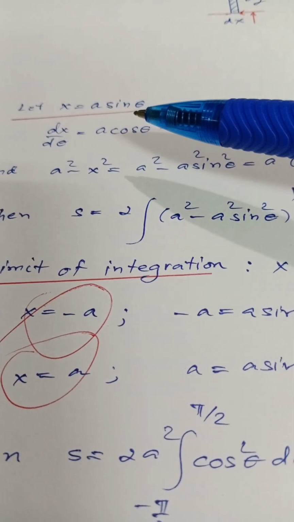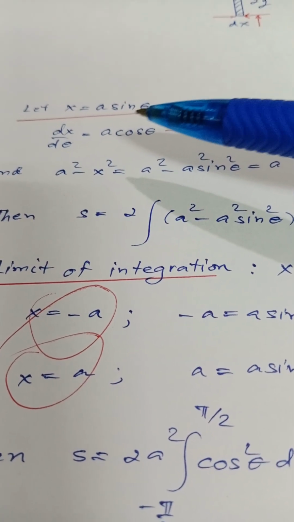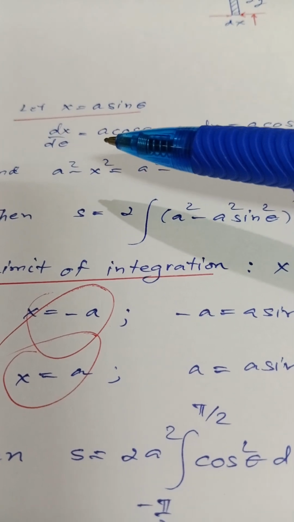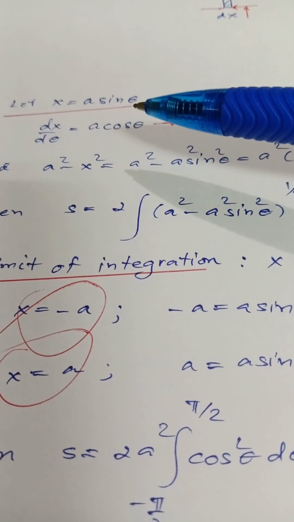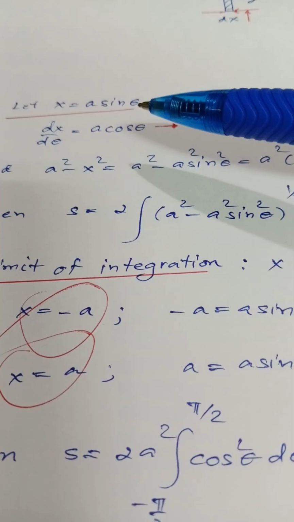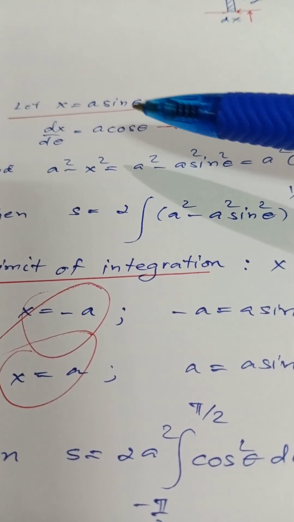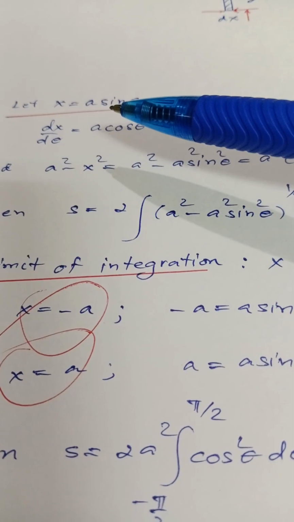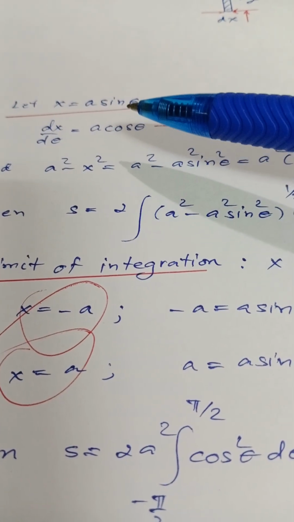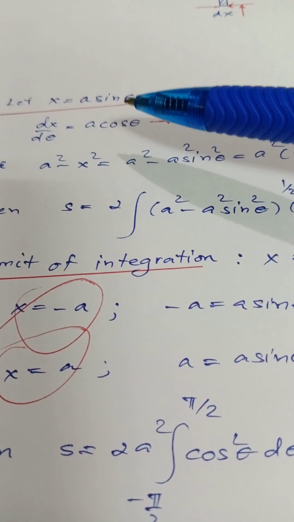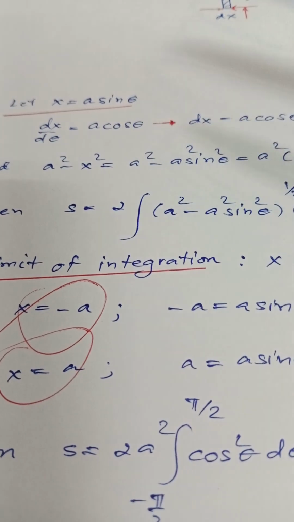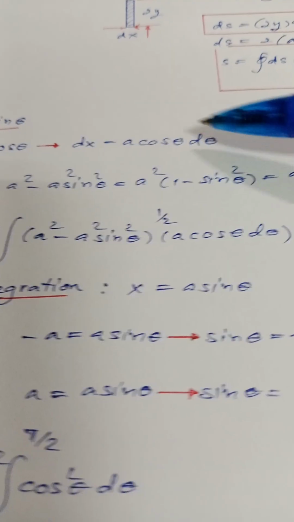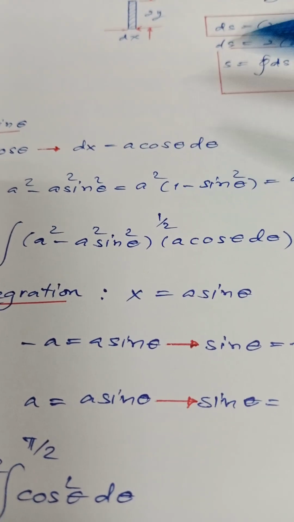We let x equal to a sine theta, and you're going to switch from dx to d theta because we are dealing with theta. Your dx with respect to d theta is going to be a cosine theta, because the derivative of a sine theta is a cosine theta. And then you can write dx in terms of d theta, equal to a cosine theta d theta. Okay?